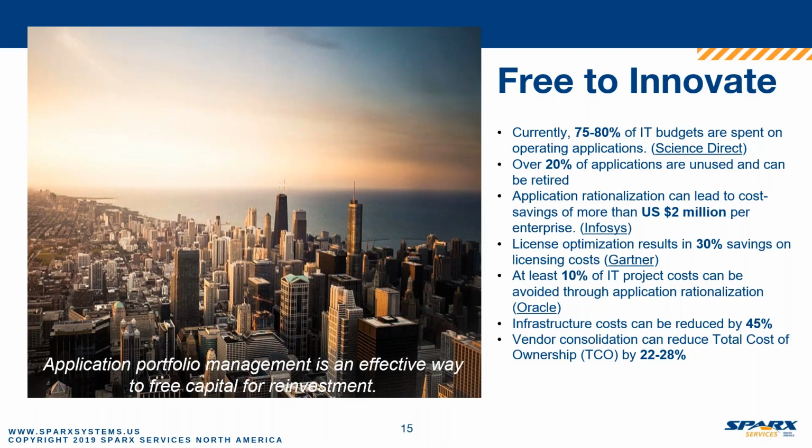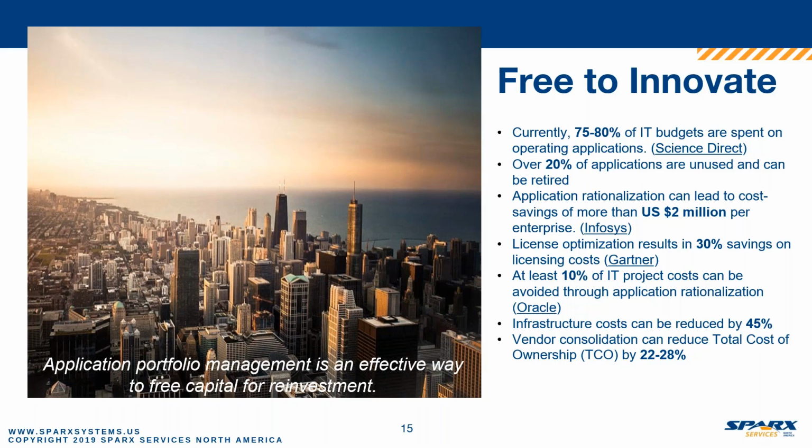So we need to understand which one we can retire. And if we do so, we can save up to $2 million per enterprise. And by optimizing licensing following Gartner, we can save up to 30% of cost.